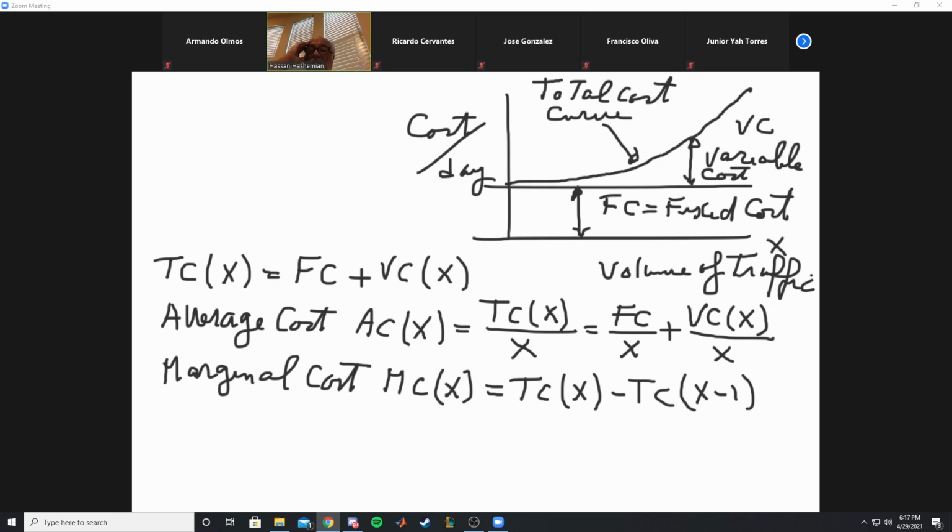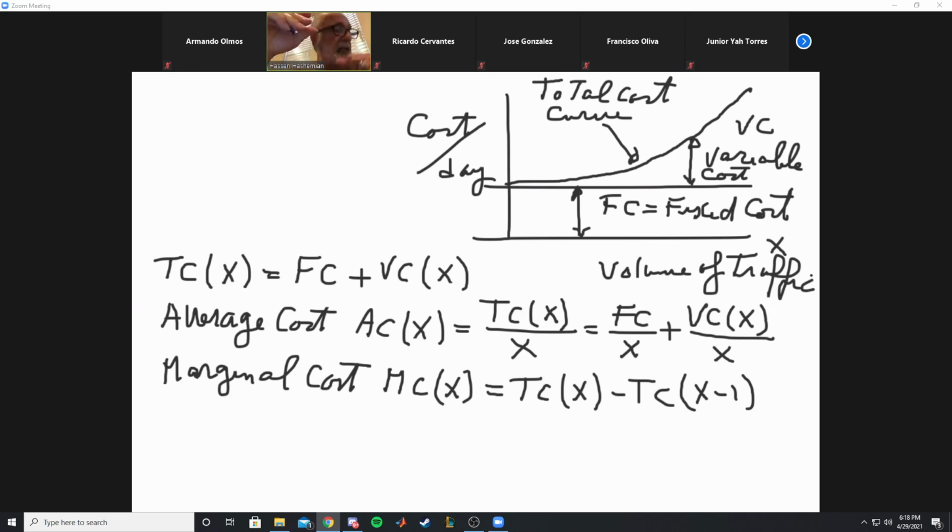So sometimes that marginal cost is very expensive. So they try to prevent that extra cost of coming to the freeway, so they put a price on that. We call that congestion pricing.